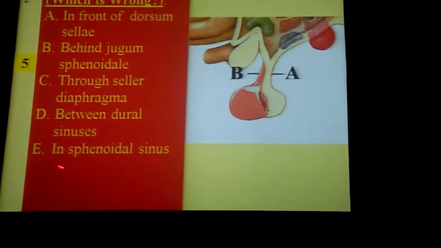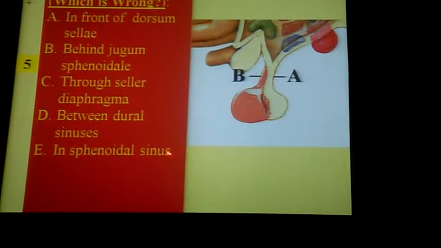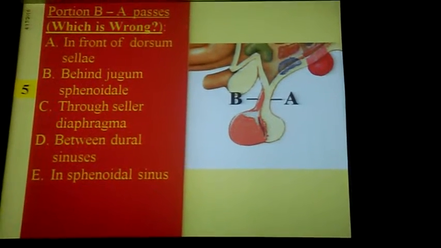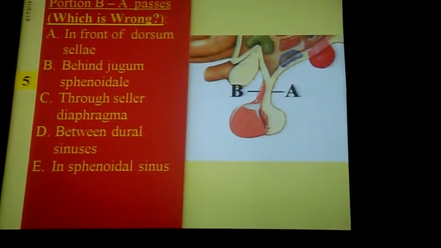This is quite right. In the sphenoidal sinus? Incorrect, of course. The sphenoidal sinus is far away from this region and has no relation to it. So A and B.